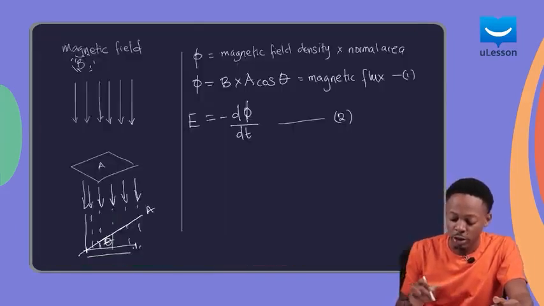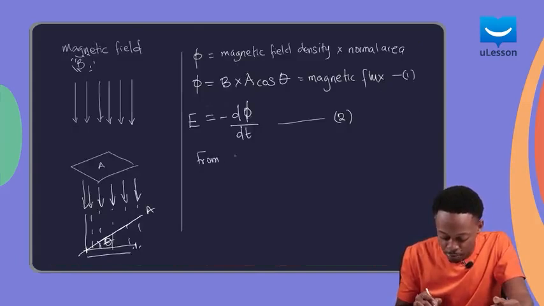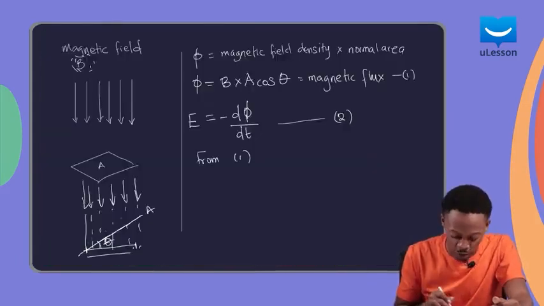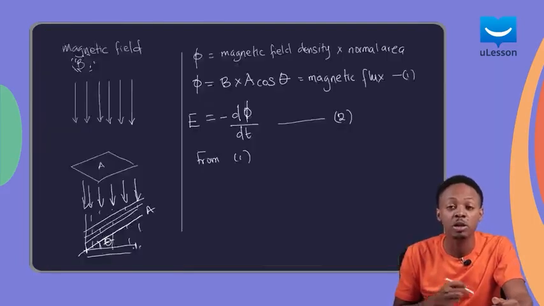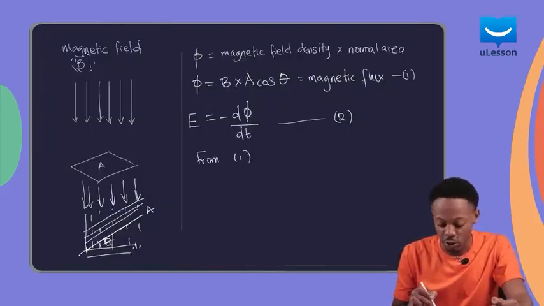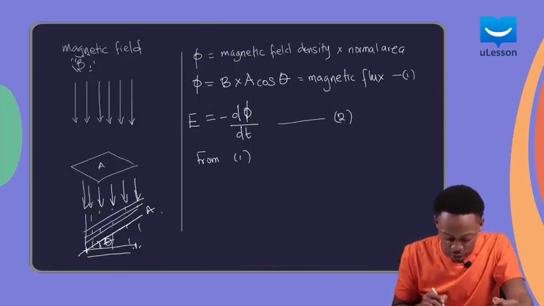All right. Now note from equation 1 that we can have more than one object in this field. Okay, so let's say we have some like that, because in a typical generator or motor we have more than one loop moving in the magnetic field. So basically, since we are trying to find the flux, we just multiply it by the total number of loops.